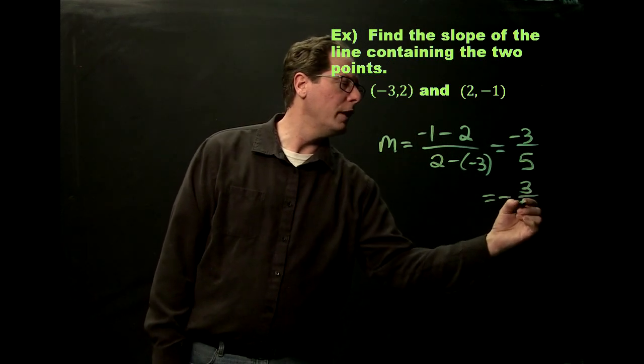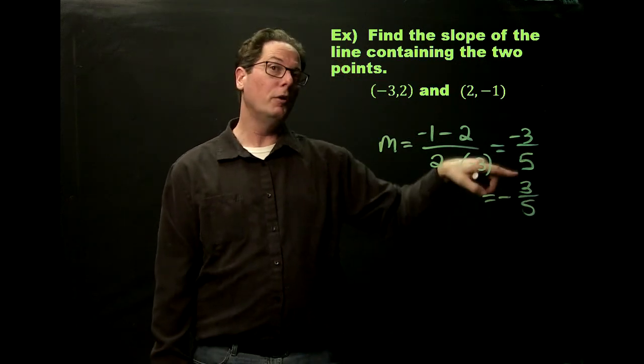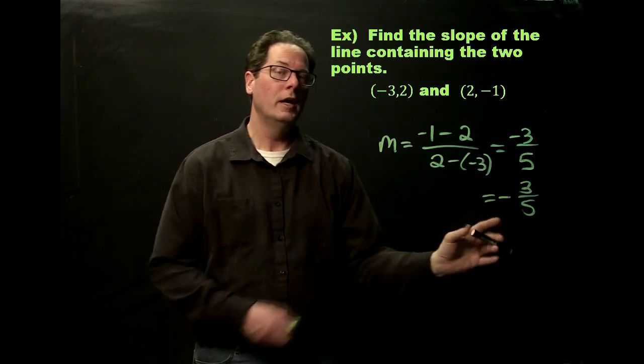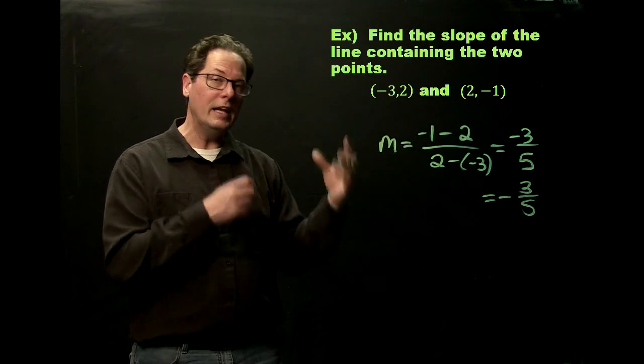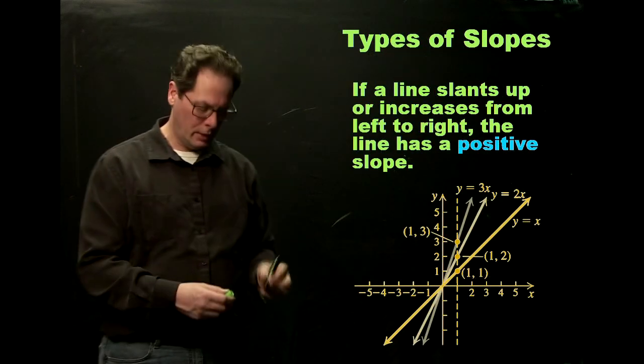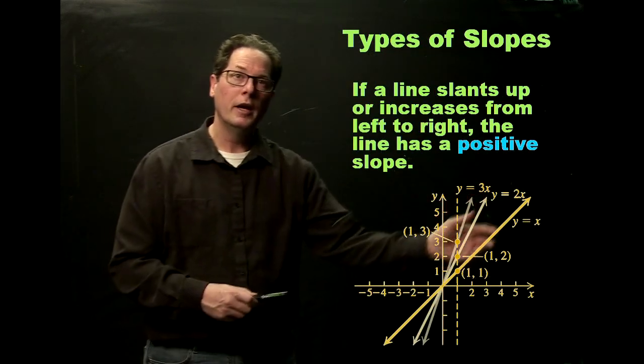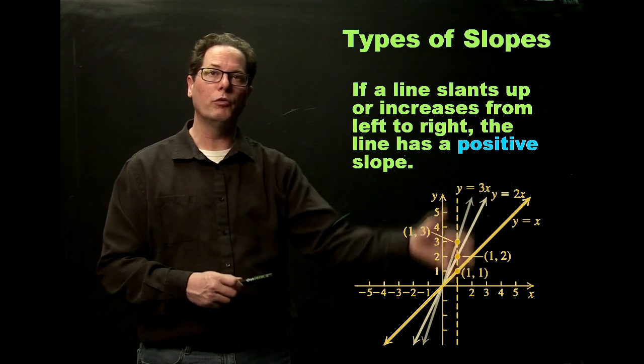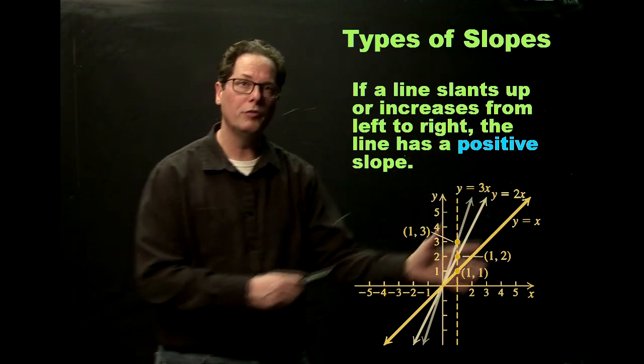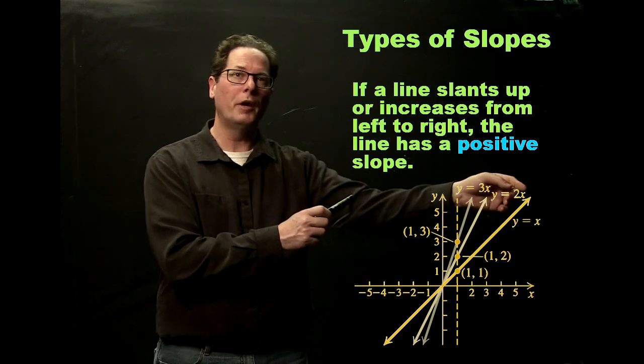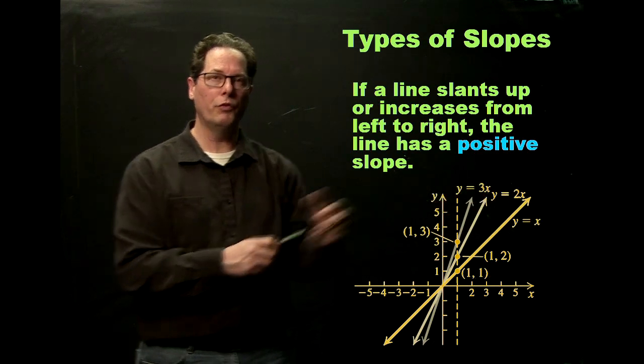We often put the negative out front, but the negative could go up in the numerator, it could go down in the denominator, but there's just a single negative. It is a negative slope. All of these lines here, y equals x, y equals 2x, y equals 3x, have a positive slope of 1, a positive slope of 2, a positive slope of 3.